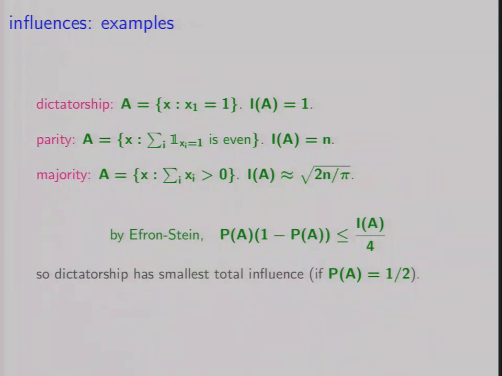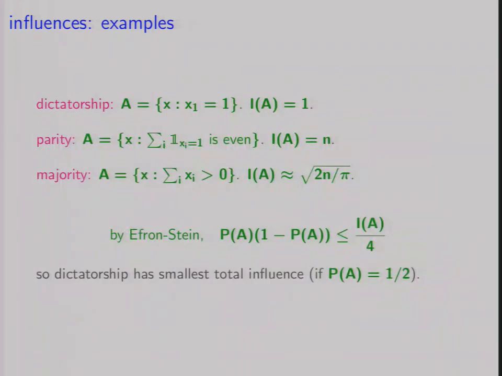Let's say we restrict ourselves to sets that have probability 1/2, then dictatorship is the one that minimizes the total influence. Because for the dictatorship function, the variance is 1/2 times 1/2, so this is 1/4. So what this says is that the influence is always at least 1, and for the dictatorship it equals 1. So Efron-Stein tells us that the dictatorship has the minimum possible influence.